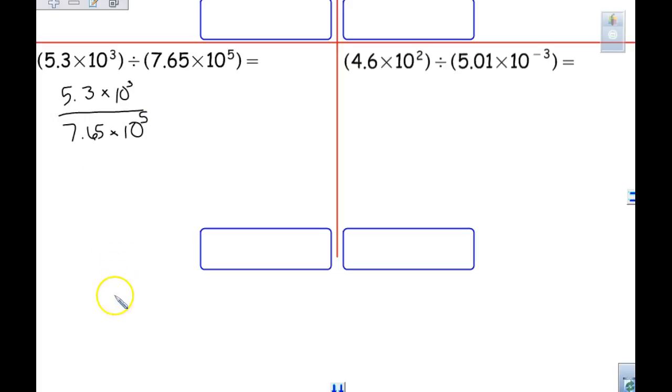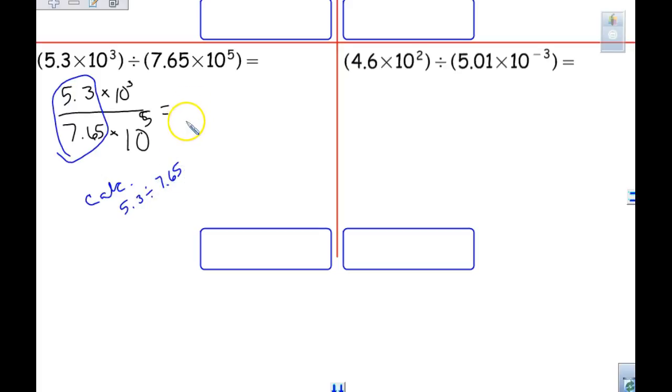Those of you that write your 10 to the fifth so that it looks like 105, figure out what you need to do to make that 10 so much bigger so that I can see that it is not 105, but 10 to the fifth. Okay? First step is to divide these two numbers. So on your calculator, we are taking 5.3 divided by 7.65.